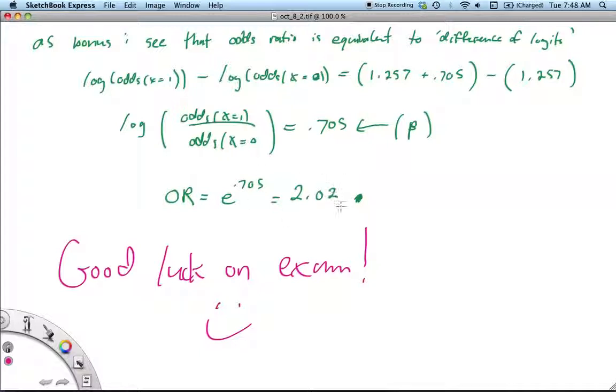Okay, so then we're allowed to state that the odds of not getting a cold for the treated group were 2 to 1 compared to the placebo group.